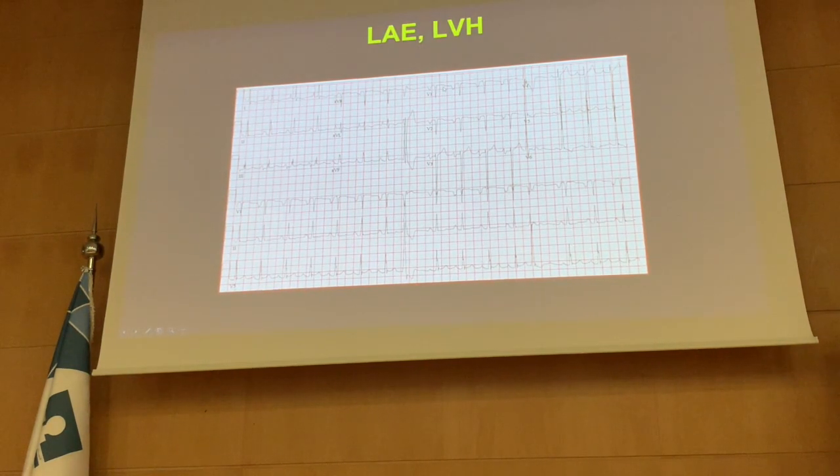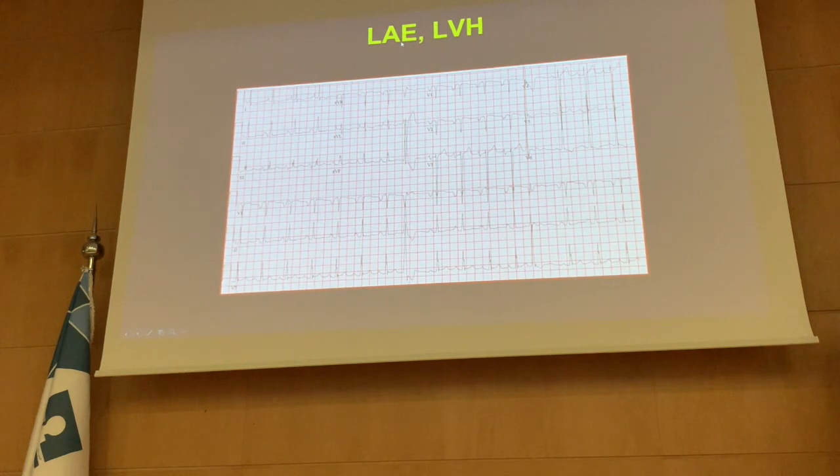So what's wrong with the left atrium also? Because he has a big P wave in lead 2 and a deep negative deflection of the P wave in V1. So this is left atrial abnormality, and also he has LVH, and if you said right atrial, you will be fine also.